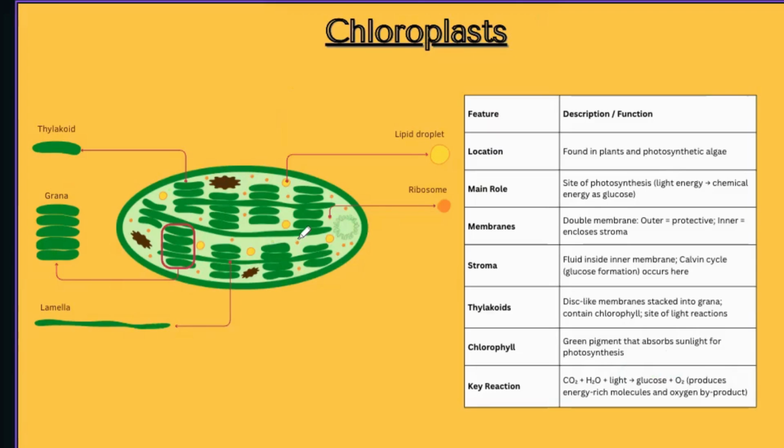The fluid inside this membrane is where a process known as the Calvin cycle occurs. So this is basically where glucose is formed. And if you remember, glucose is a type of sugar. You could tell by the ending of OSE. So it's under the macromolecule carbohydrates, and this is how we tie Unit 1 into Unit 2.